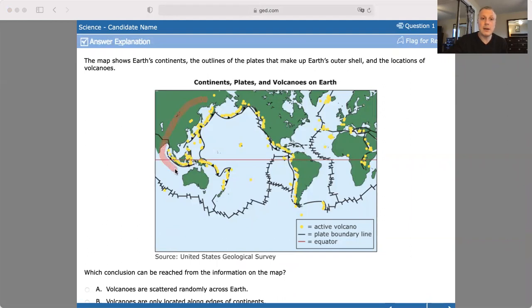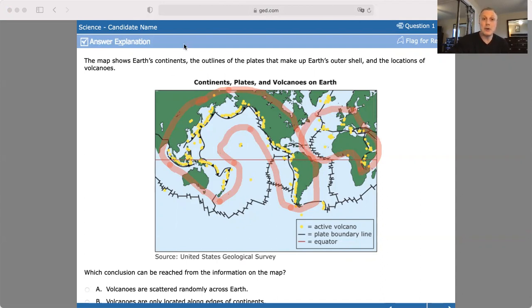So I'm going to help you out with a visual aid where these yellow dots are, right? They're located in this area here, and then you see a little bit on the European and African continent in here. But you can see pretty much where the active volcano is.